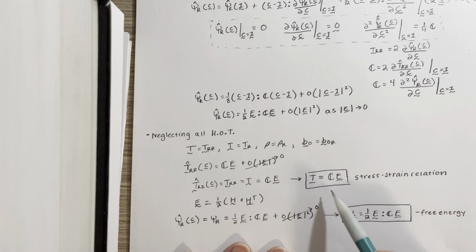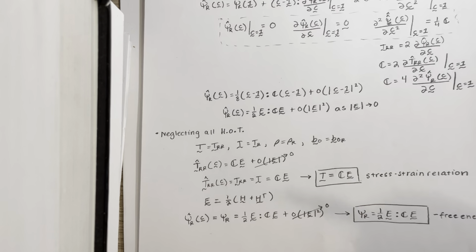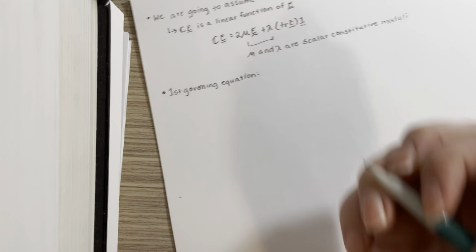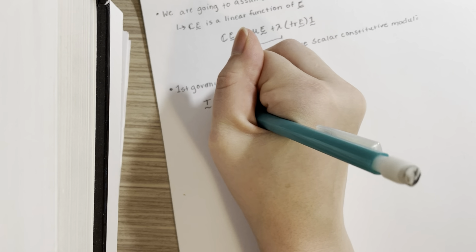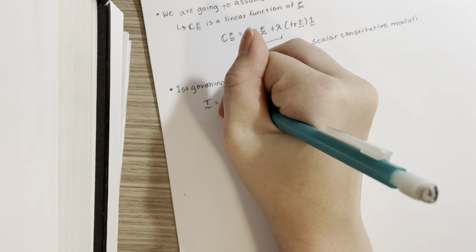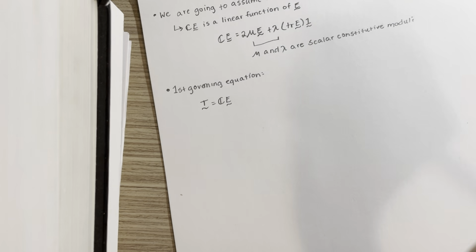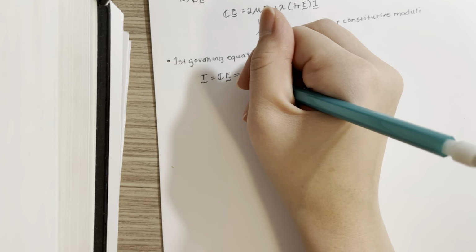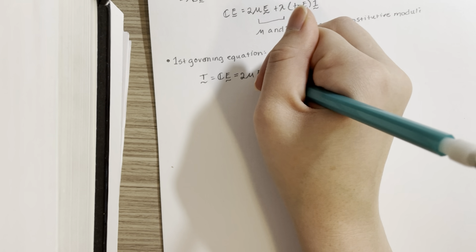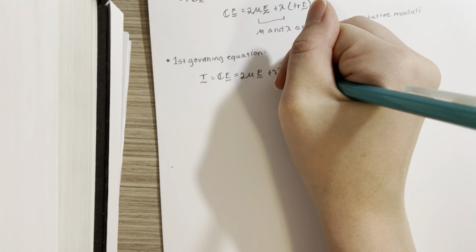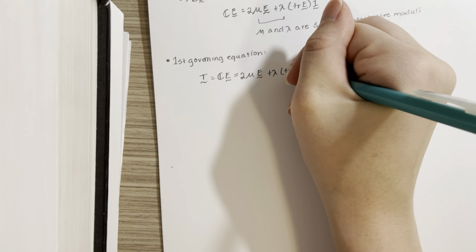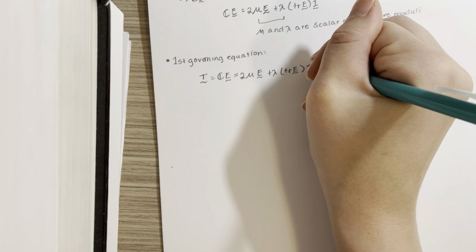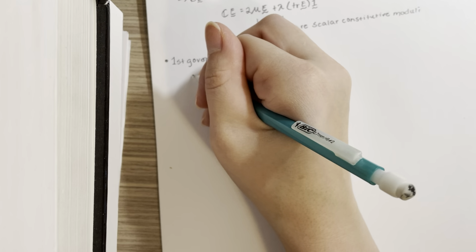Before we formed our stress-strain relation, so we had that T is equal to our elasticity tensor times our Green-St. Venant tensor, which we just defined for an isotropic body is 2 mu E plus lambda trace of E times the identity tensor.